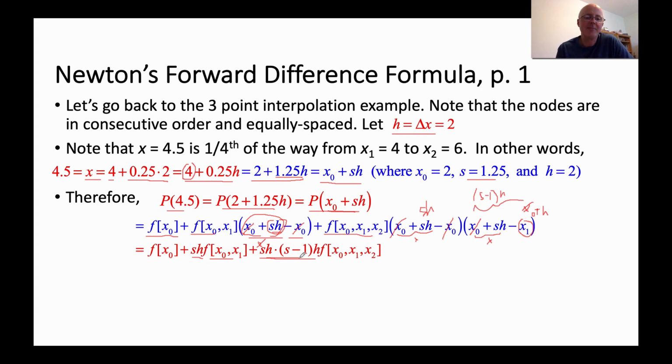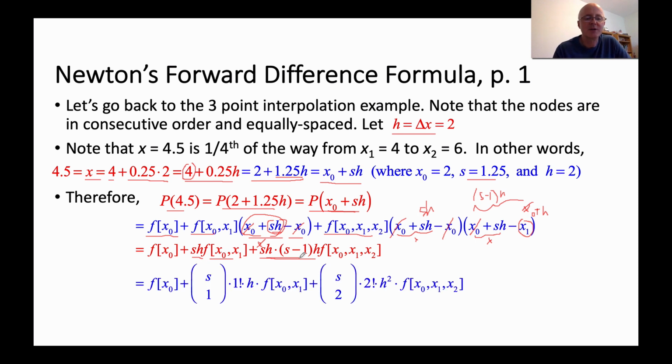Now, it's not completely obvious, the next step that I'm going to show you, unless you were thinking about higher degree situations. But you certainly can think of s times h as s choose 1 times 1 factorial times h. What? Where'd that come from?